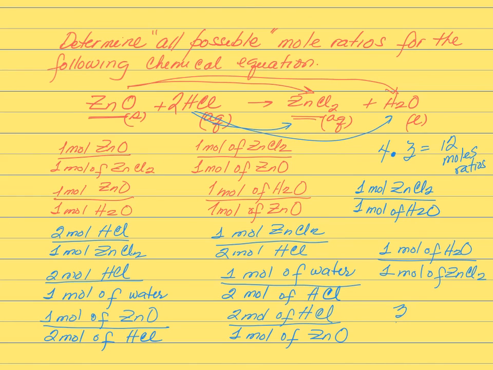When you have 3 substances involved, you take away 1. 3 minus 1 is 2. When you multiply by 2, then you have 6 mole ratios. And that's the pattern that you see when you're looking for mole ratios.